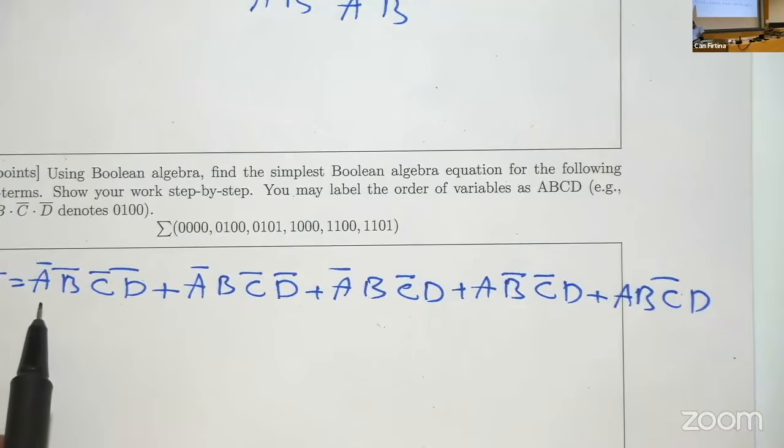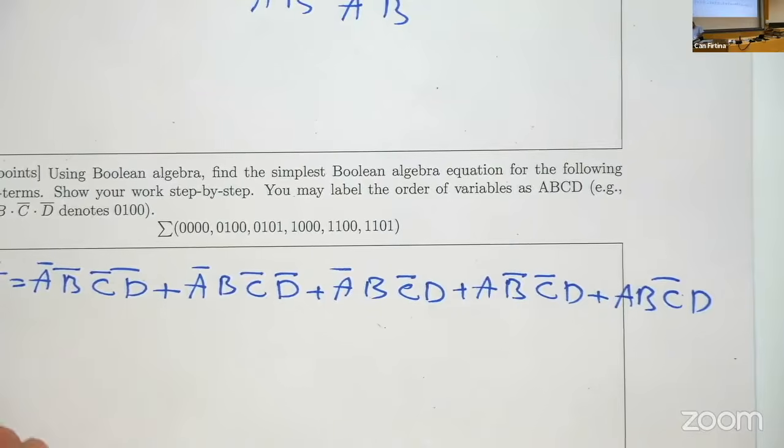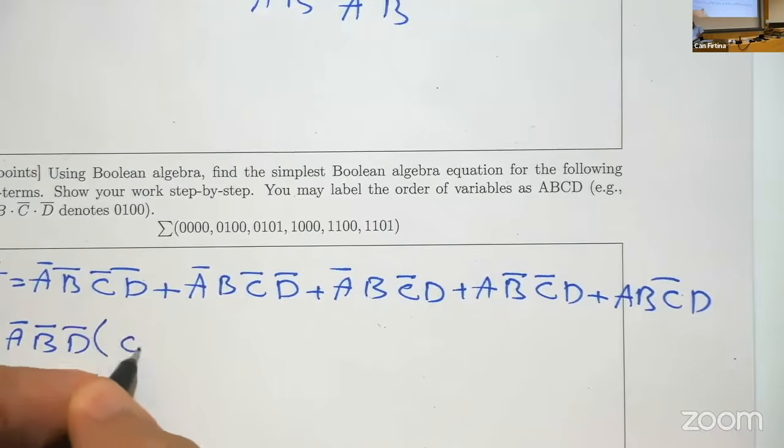We have A bar, C bar, D bar in both first two terms. So we factor A bar, B bar, D bar. And then we have C bar plus C.